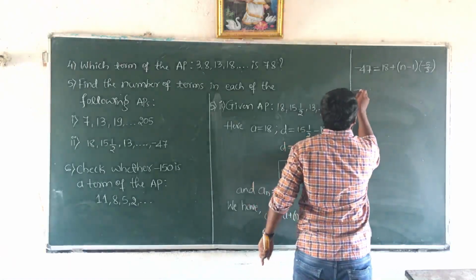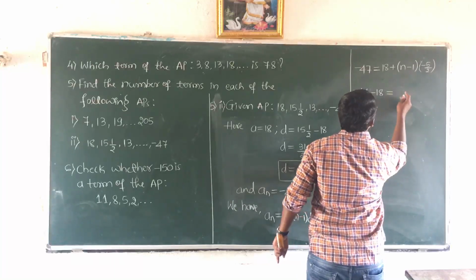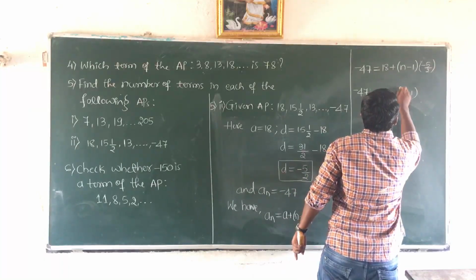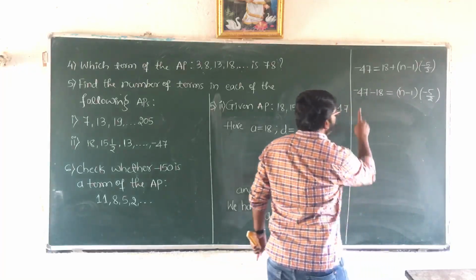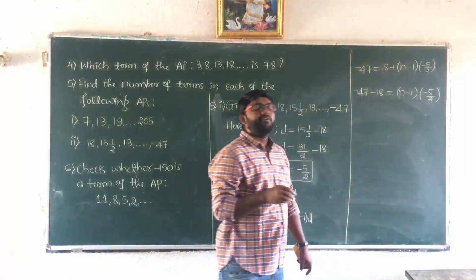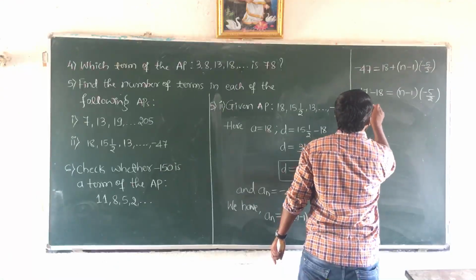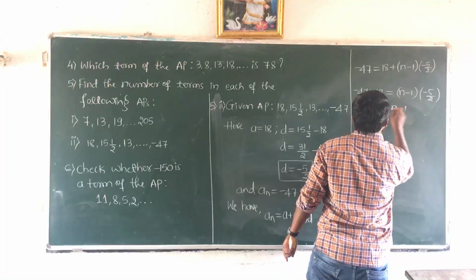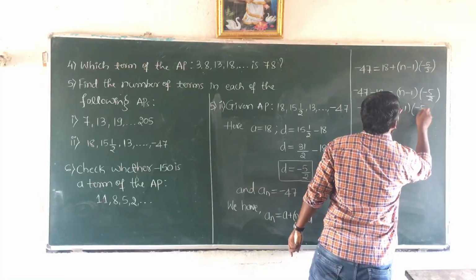So minus 47 minus 18 is equal to n minus 1 into minus 5 by 2. Minus 47 minus 18 will give us minus 65. So we get minus 65, which is equal to n minus 1 into minus 5 by 2.